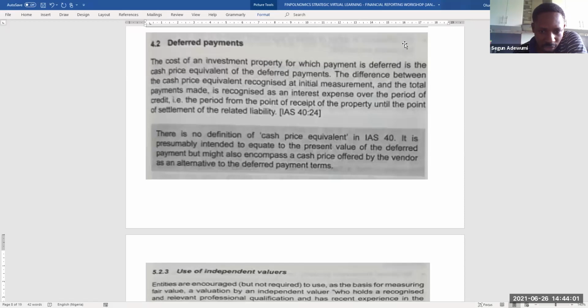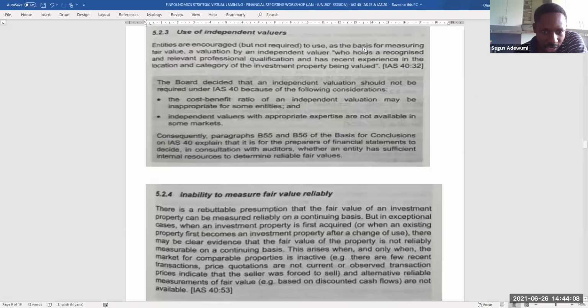Use of independent valuers. Entities are encouraged but not required to use as a basis for measuring fair value a valuation by an independent valuer who holds a recognized and relevant professional qualification and has recent experience in the location and category of the investment property being valued. The board decided that an independent valuation should not be required under IAS 40 because of the following considerations.